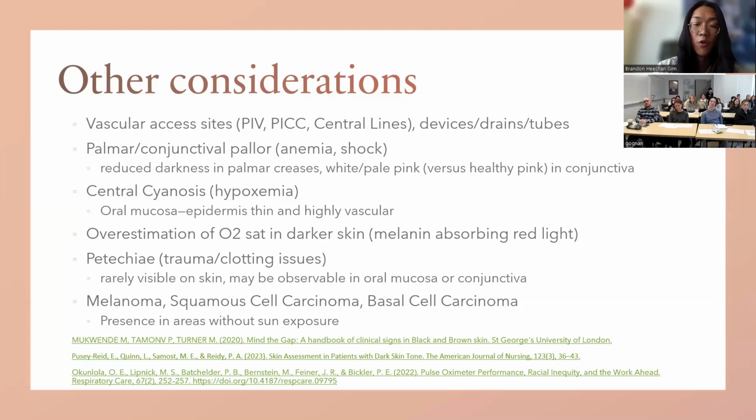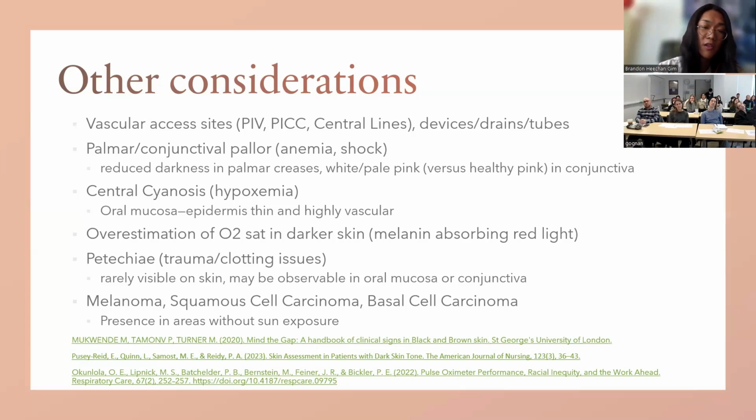So with folks who have darker skin, be careful if they have any respiratory issues, monitor for any changes, and have a lower threshold to escalate. Let's say they're having some shortness of breath, but their saturation is fine. Maybe their saturation is not accurate. So just being mindful of that.